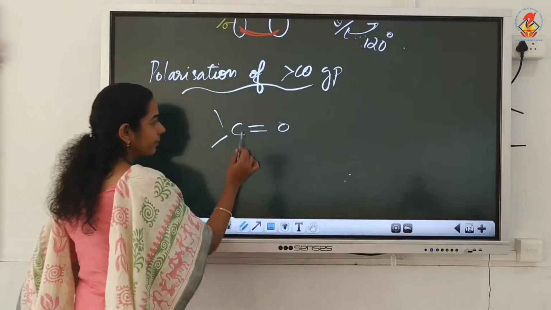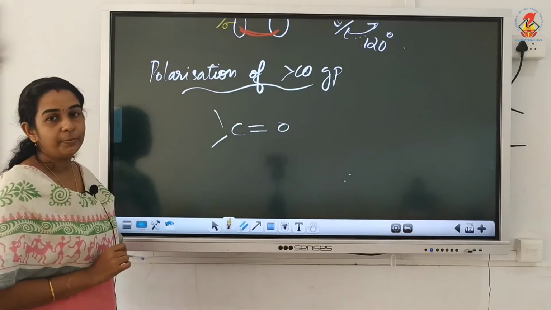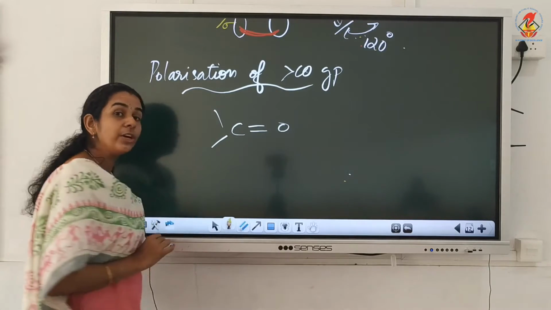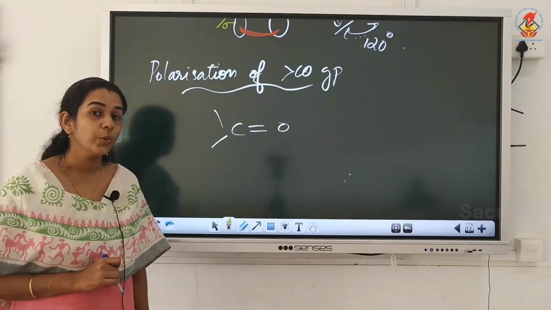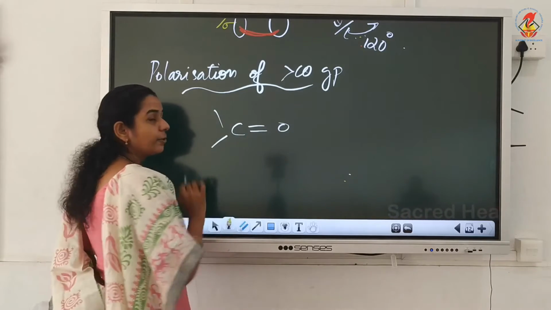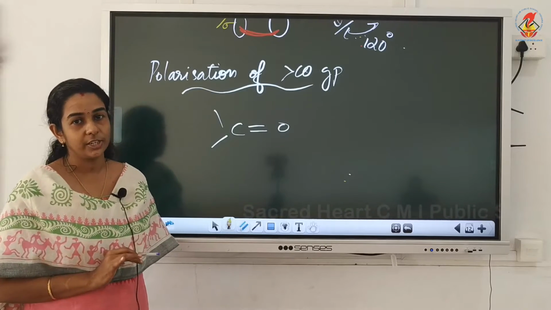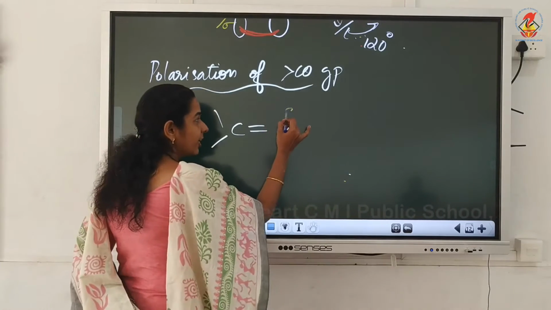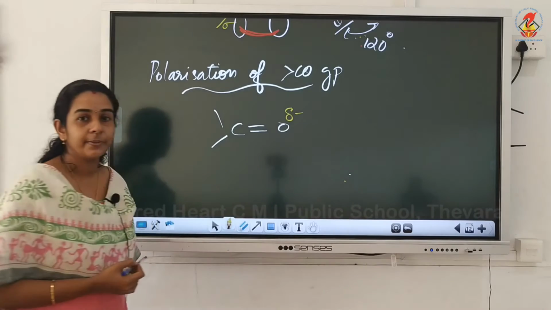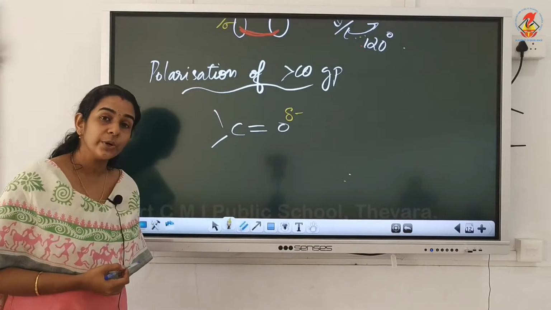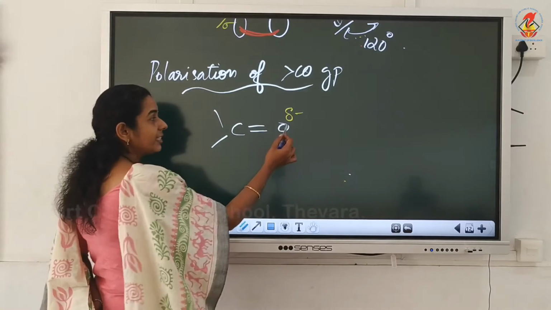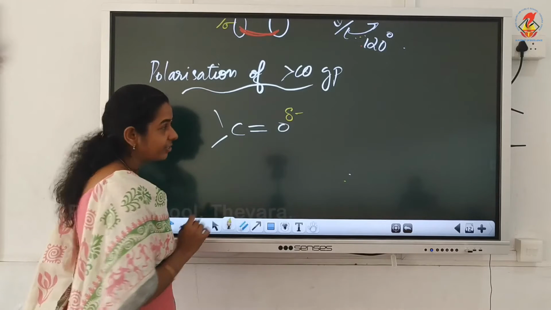And here there is a carbon oxygen bond. We know that oxygen is more electronegative than carbon. So what happens? The shared pair of electrons will be shifting a little bit towards oxygen. That makes oxygen delta minus. Since oxygen is more electronegative than carbon, oxygen gets a partial negative charge.